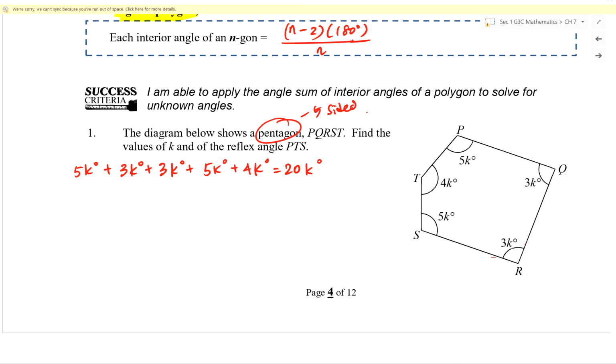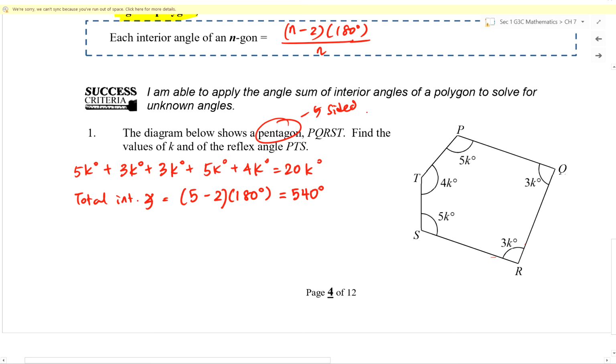Here's where we call out our formula. It is given by total interior angle equals 5 sides minus 2. There are 3 triangles that we can create, multiplied by 180 degrees. This gives us a total of 540 degrees.